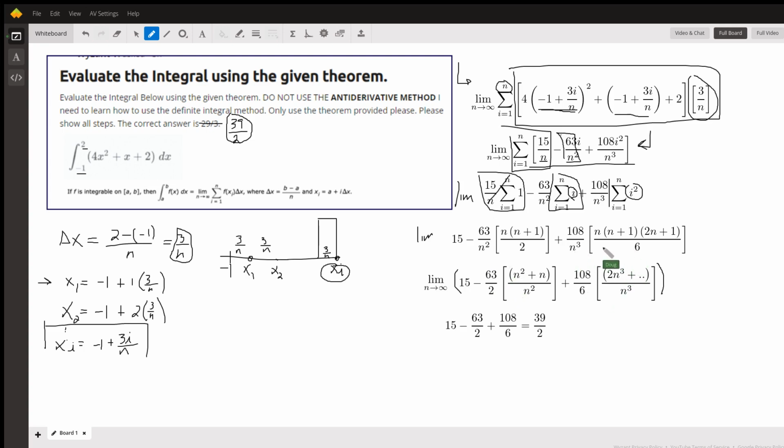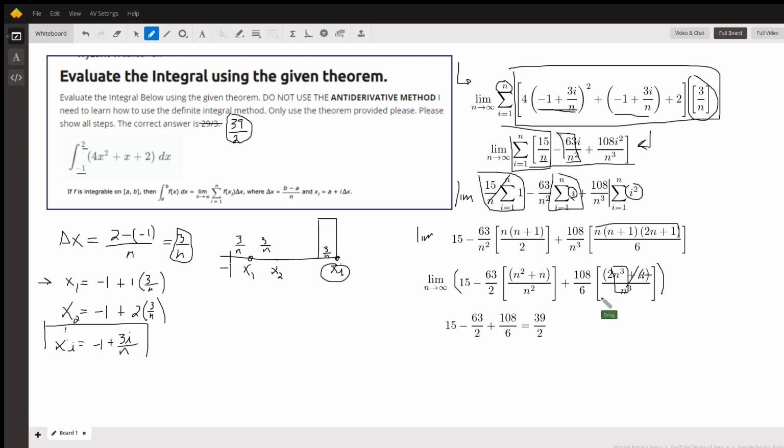Move the 6 here and the n cubed here. If you picture multiplying these factors all together, the leading term is going to be 2n cubed. The rest of them we're not really going to care about, because when we take the limit as n approaches infinity, those terms are going to become 0. 2n cubed over n cubed as n approaches infinity is just a 2.